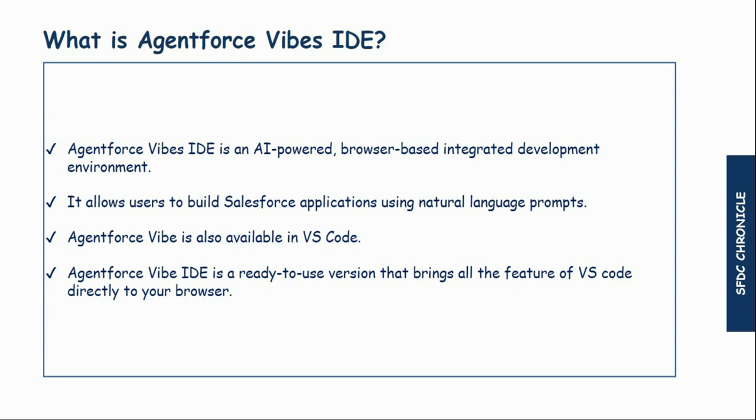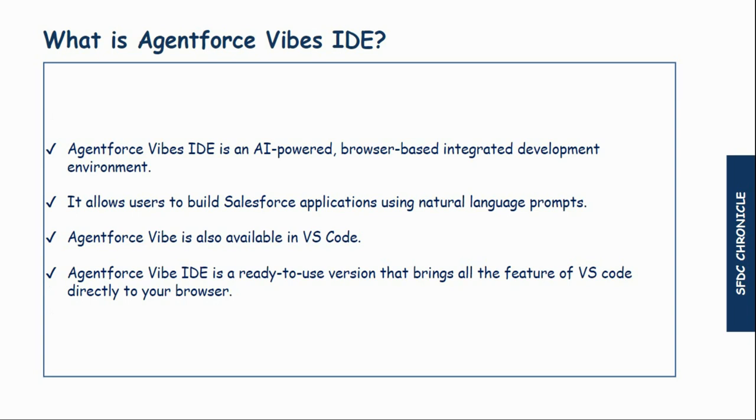So, if you come from another programming background like Java or .NET, you can still easily use AgentForce Vibe. You just give instruction to the LLM and it generates the code for you. Since you already have some coding knowledge, you can review it, tweak it, and use that code right away.